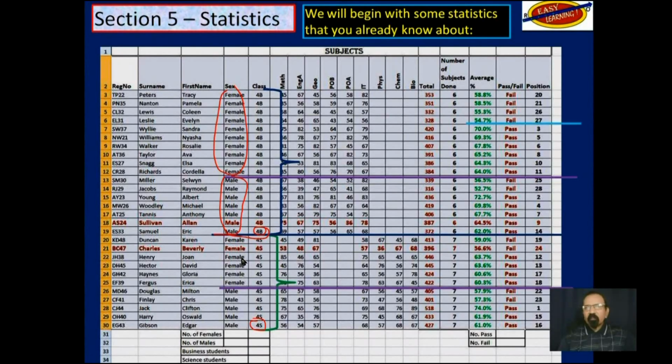And then for the females, you now have fail and then pass and their rank. And the same thing for the male in business, fail and pass. Well, we do the same thing for science, female, fail and pass, male, fail and pass.